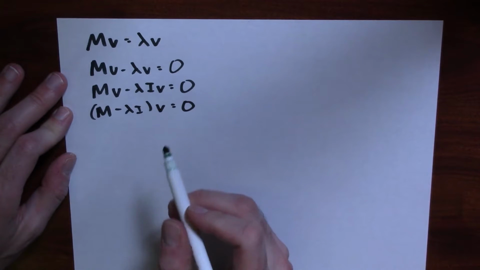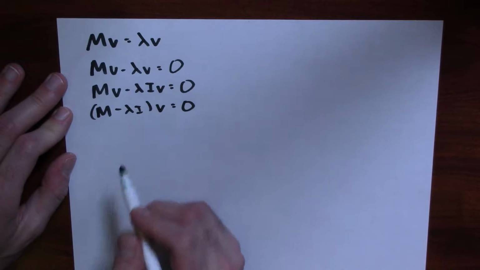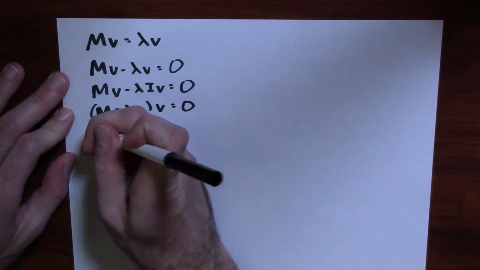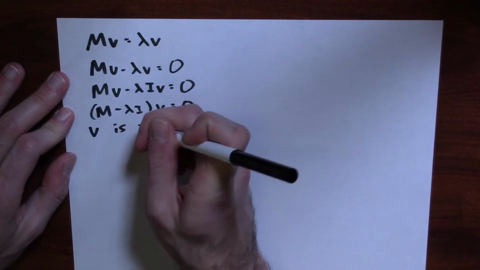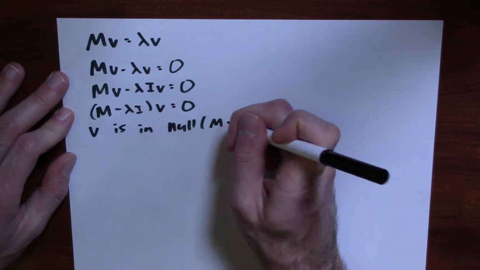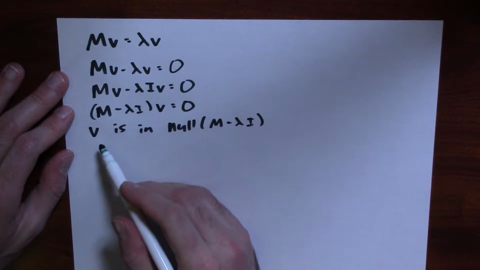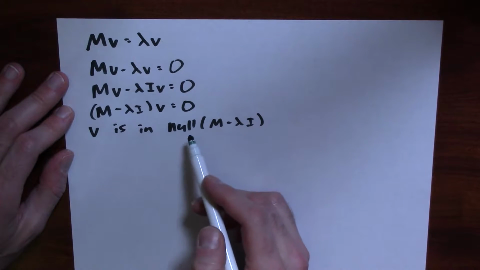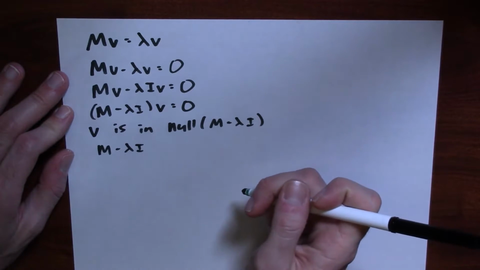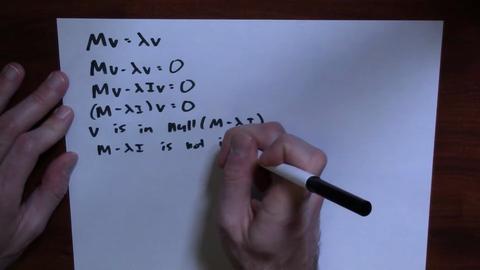Now what's important about this is that I've got a non-trivial vector v, which I've multiplied by M minus lambda times the identity, and I'm getting the zero vector. What this means is that v is some non-trivial vector in the null space, or the kernel, of M minus lambda times the identity. And because v is a non-trivial element of this null space, that means that M minus lambda times the identity, for this eigenvalue lambda, is not invertible.